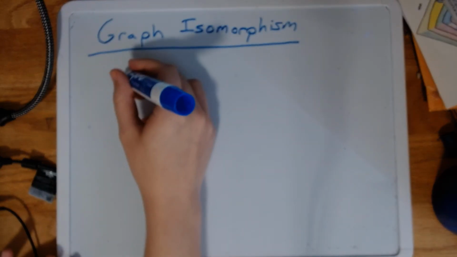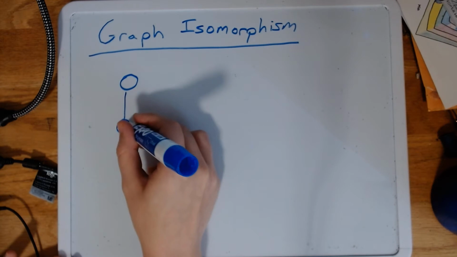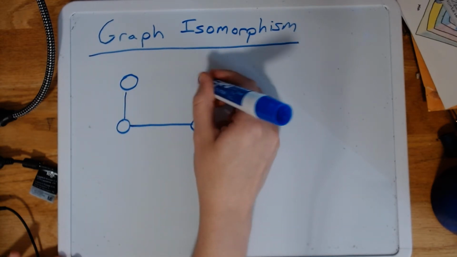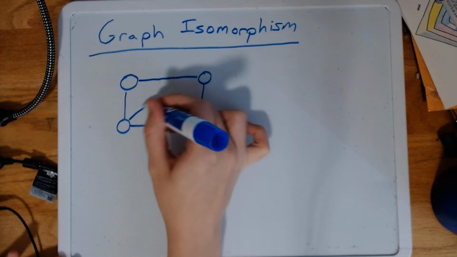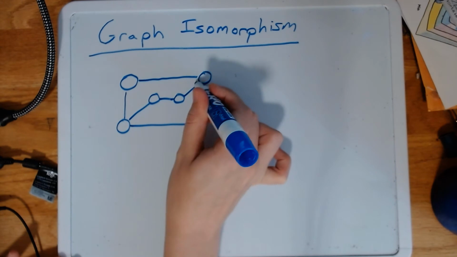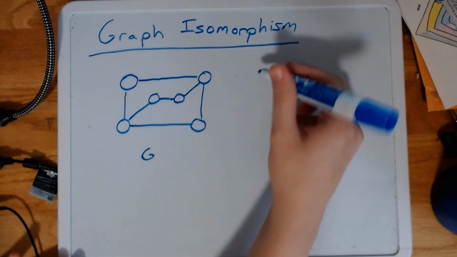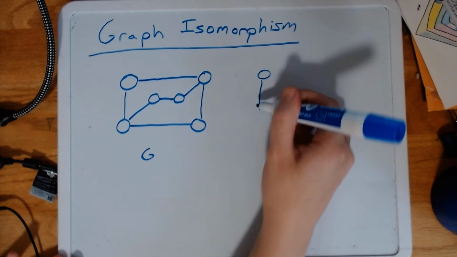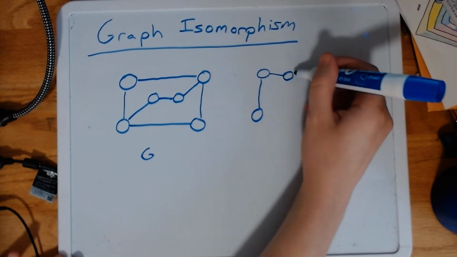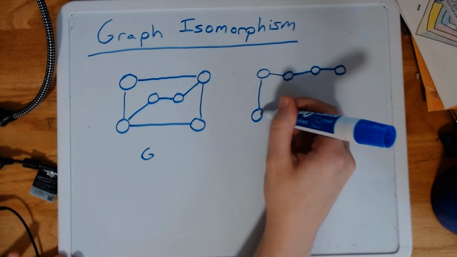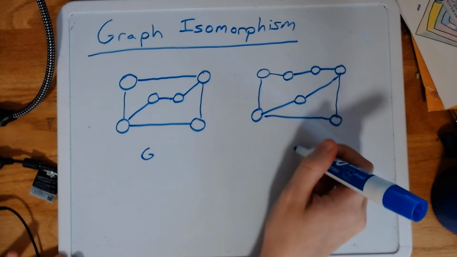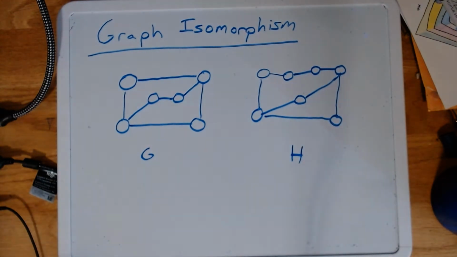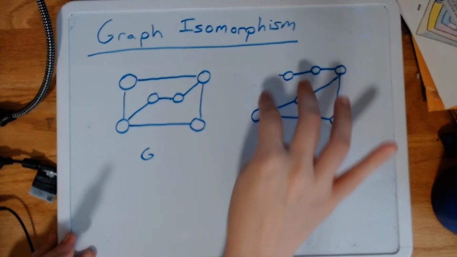So here's the example I had in class. Okay, so this graph is G, and here is H. And looking at these, we can, sorry, let me try that again.